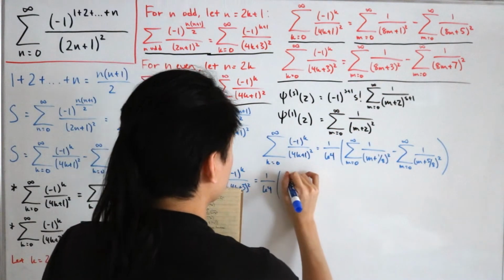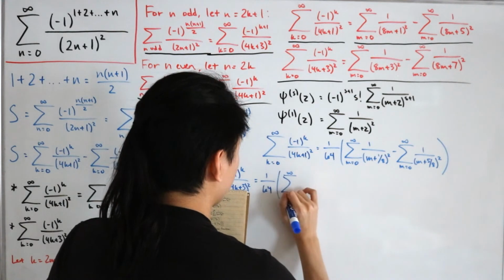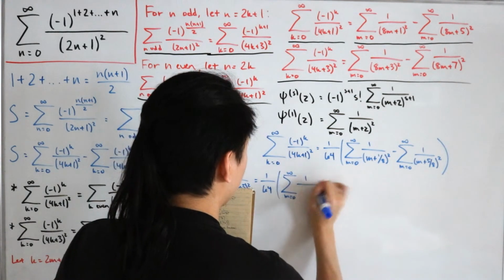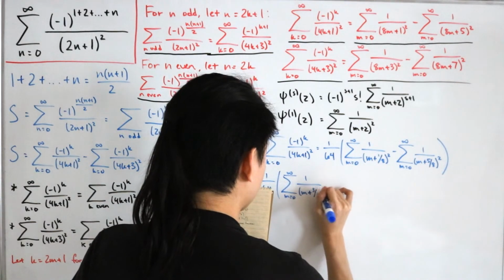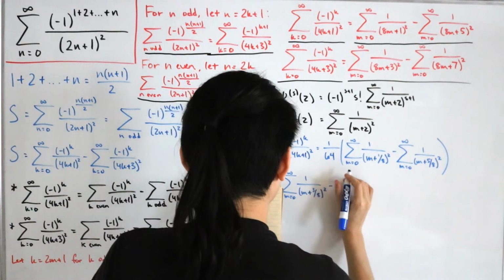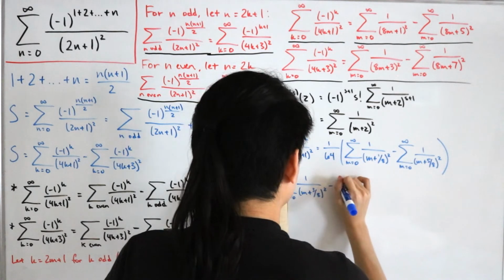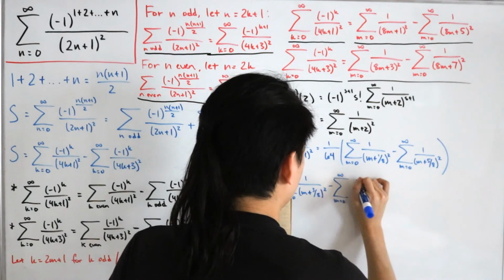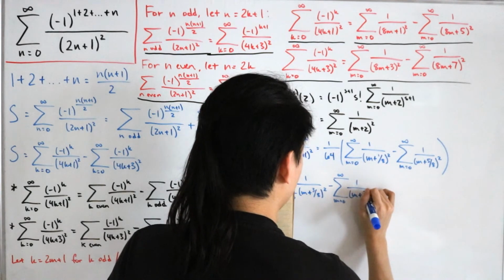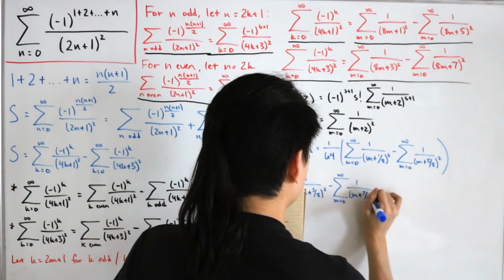And so now this is the infinite sum of m equals 0 of 1 divided by m plus 3 over 8 quantity squared, then subtract the same sum, m equals 0 of 1 divided by m plus 7 over 8 squared.